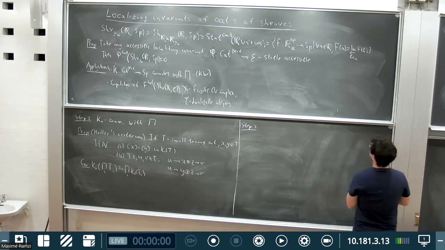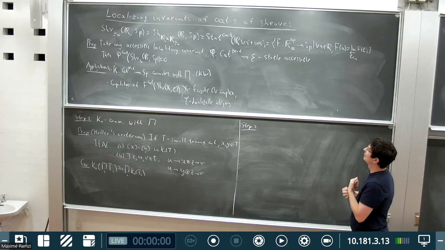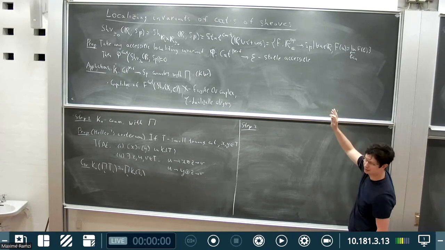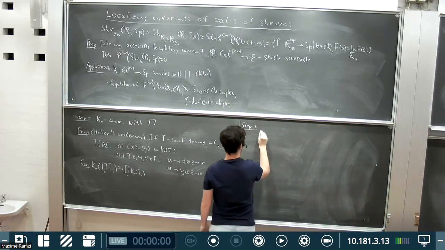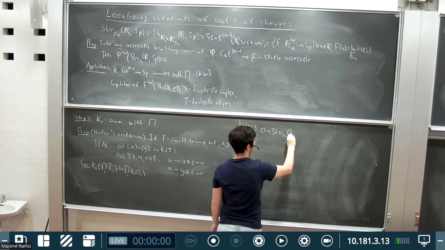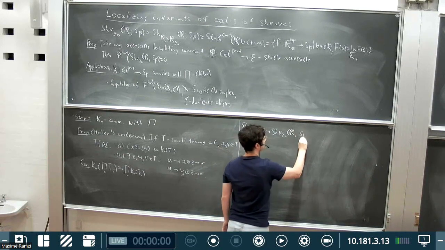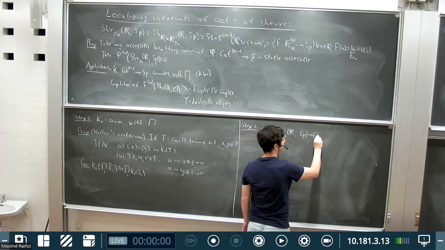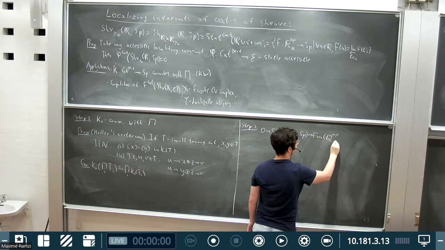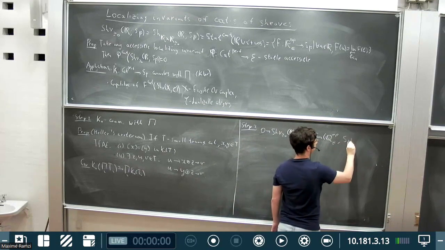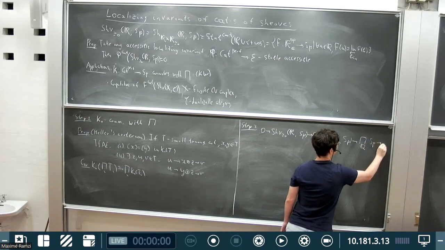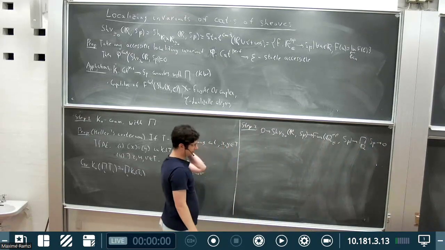Recall that we can describe this category using functors not from real numbers but just from rational numbers. So basically, we have an exact sequence: 0 to sheaves with non-negative singular support, to functors from rational numbers, but covariant functors to spectra, and then just the product of copies of K0 spectrum taken over rational numbers.